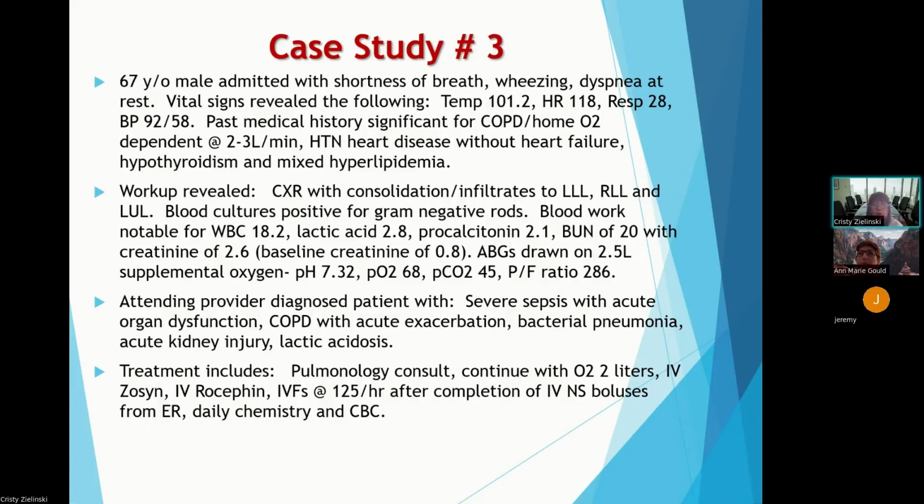The COPD, is it exacerbated? Because they're within baseline for home O2. That's right. Also, is it being treated, right? So if he says COPD acute exacerbation on 2 liters only, and the patient is on 2 liters at home, there was no increase in the usage of the oxygen.